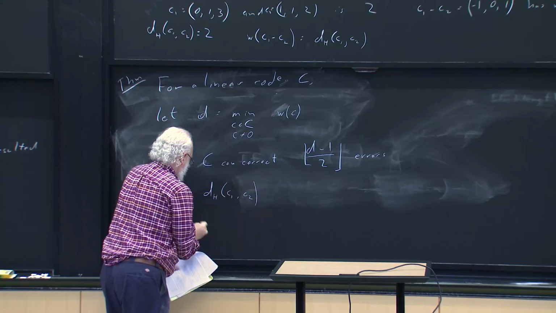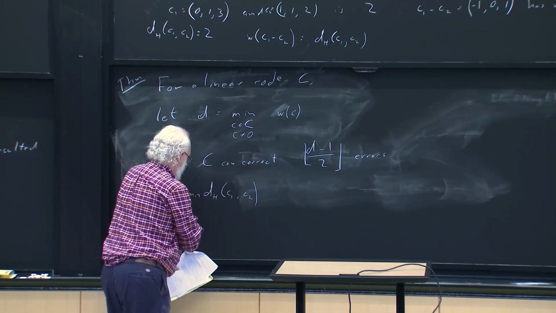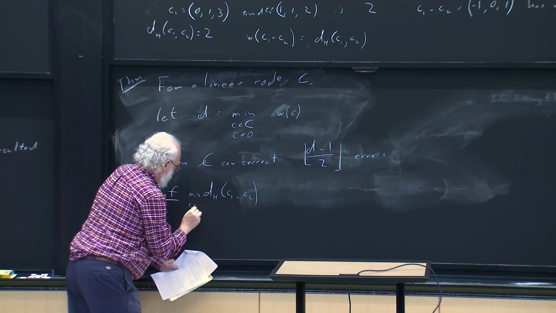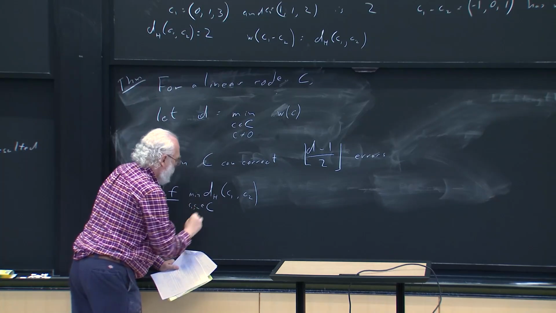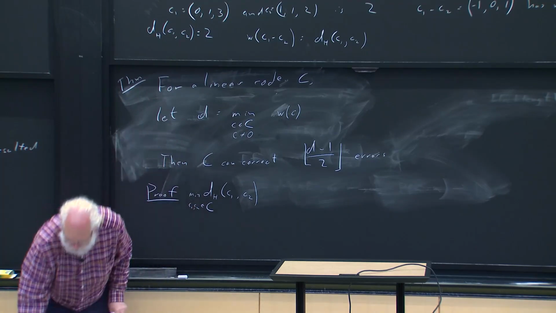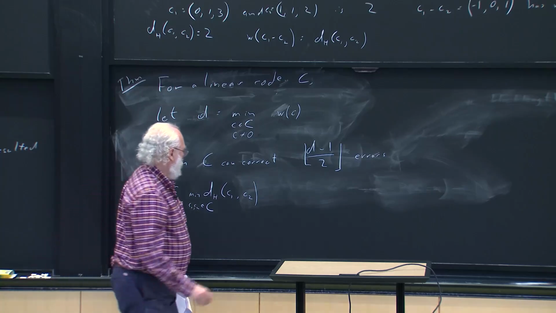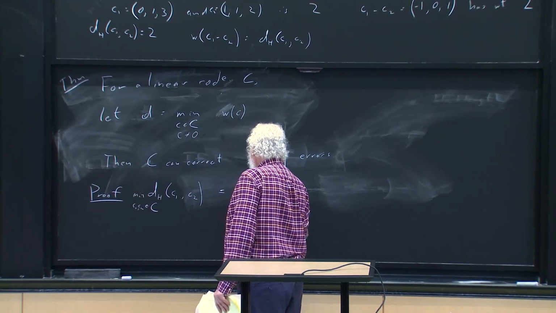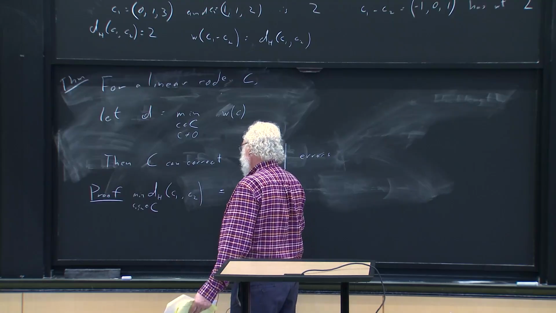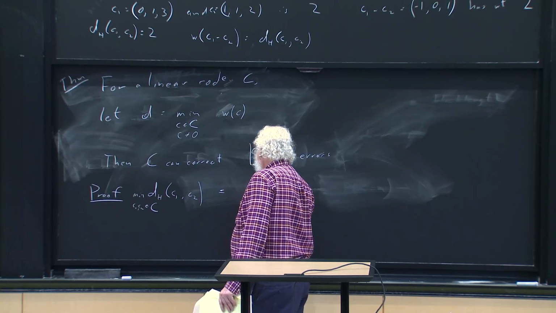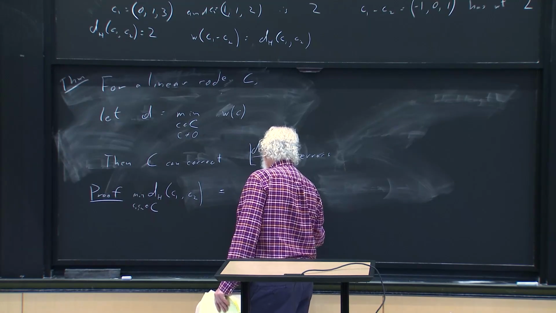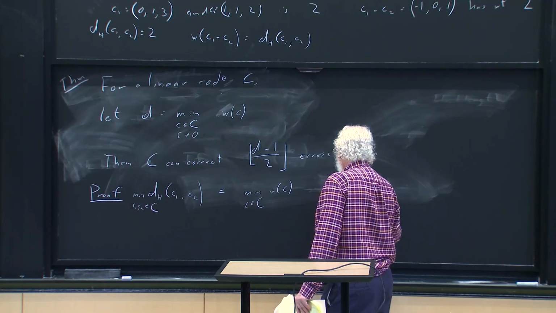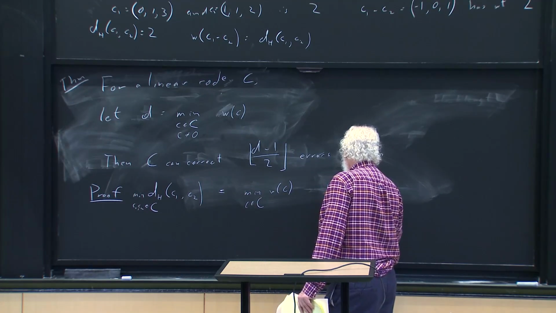So the minimum over C1, C2 in C of the distance between the two code words is equal to the minimum over C in C of the weight of C. Why?